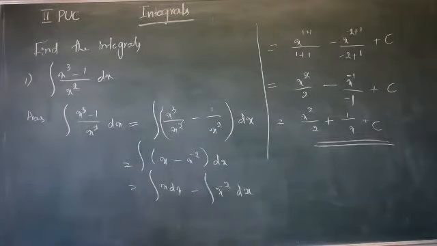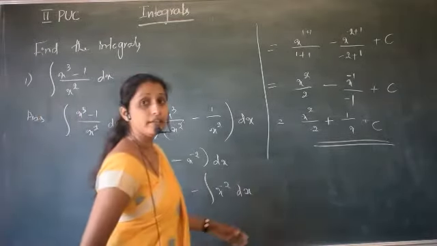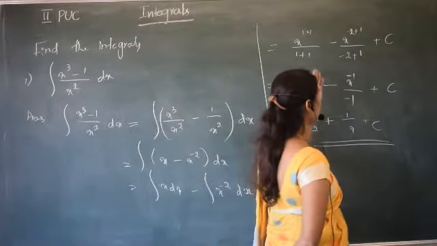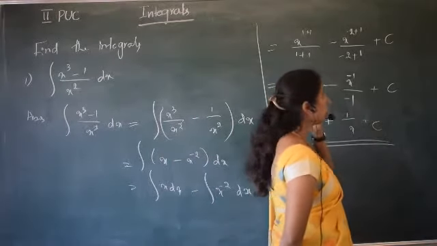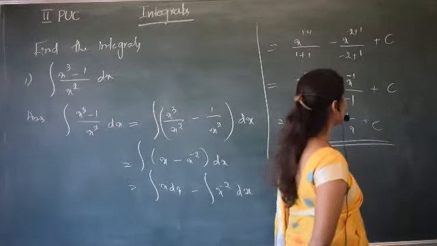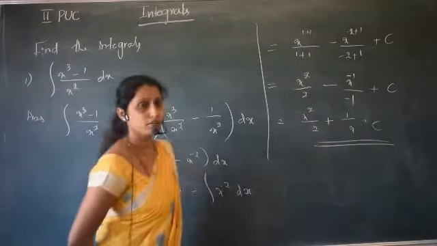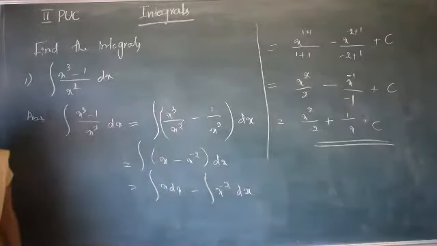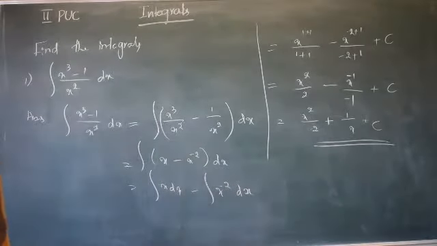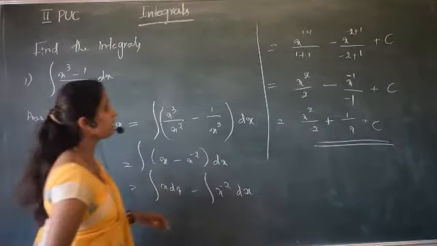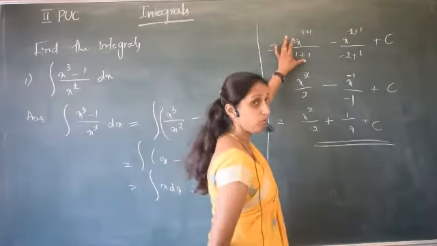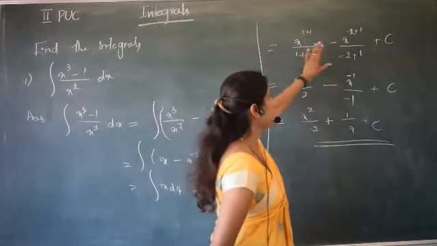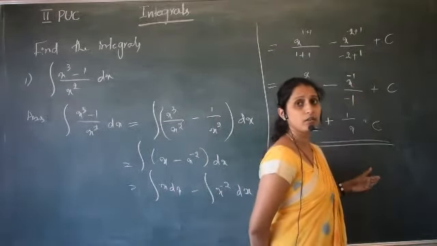Either you can add an integral constant to each function and finally write it as c, or in the final answer if you write plus c, that is also enough. After finding all the values, if you add plus c, that will be better. Otherwise, for this integration we add one constant c and here one more constant c, altogether there will be 2c.